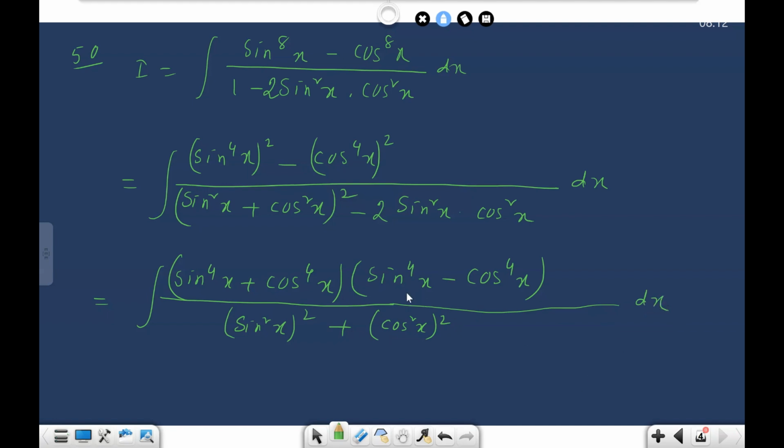Now you see this term can again be expanded by taking sine square whole square and cos square whole square. By taking that, you can expand the next one also.